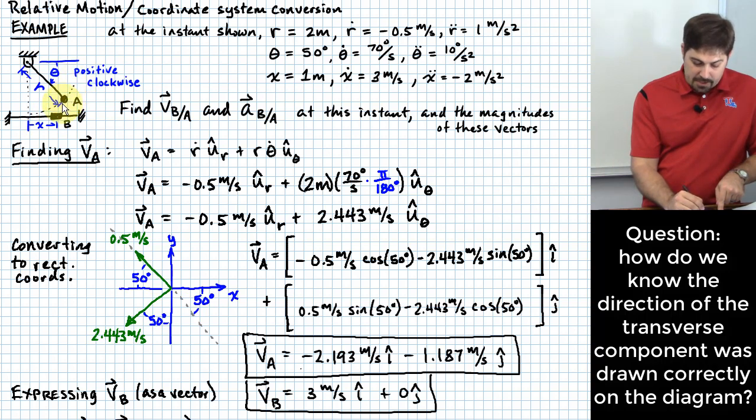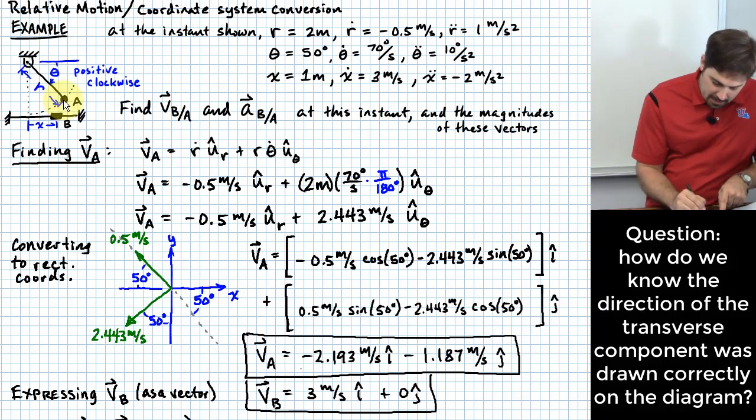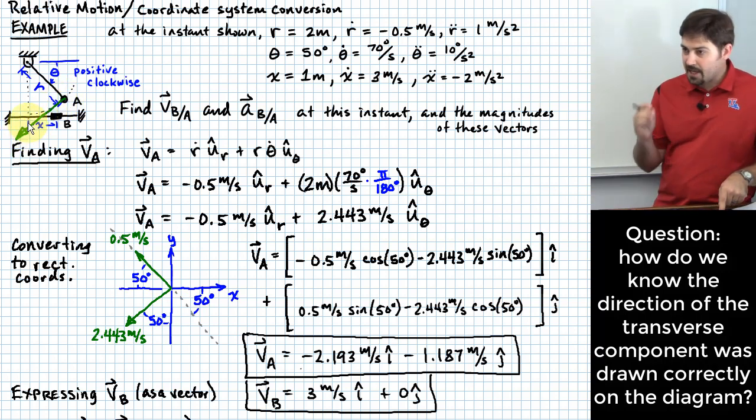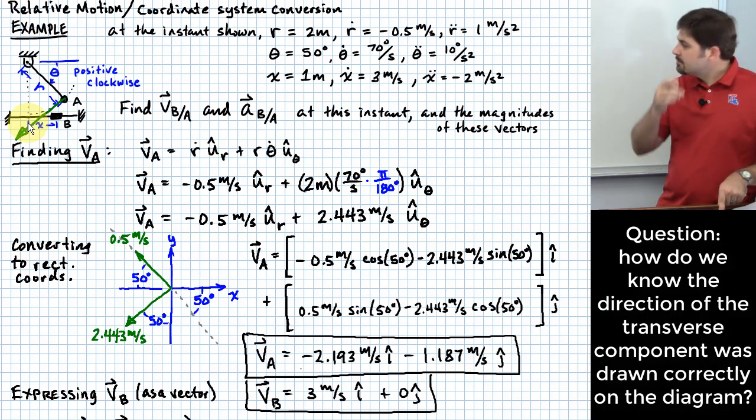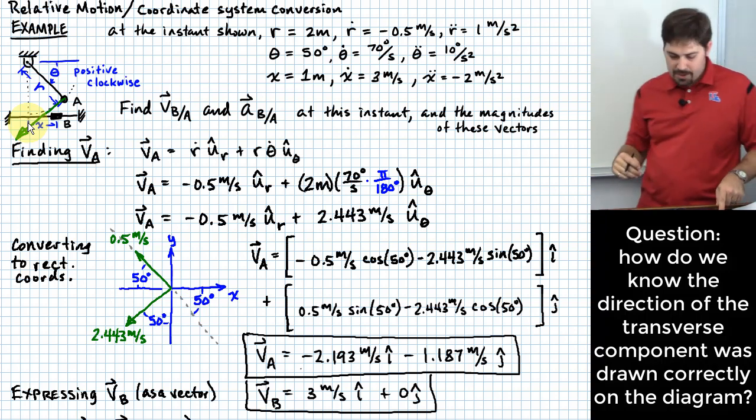That is the direction associated with a positive angular velocity. If it's swinging such that it's going in a clockwise direction, the velocity of this ball will go this way. That's literally at this instant the direction it's traveling due to the swinging action around the center of rotation. Good question.